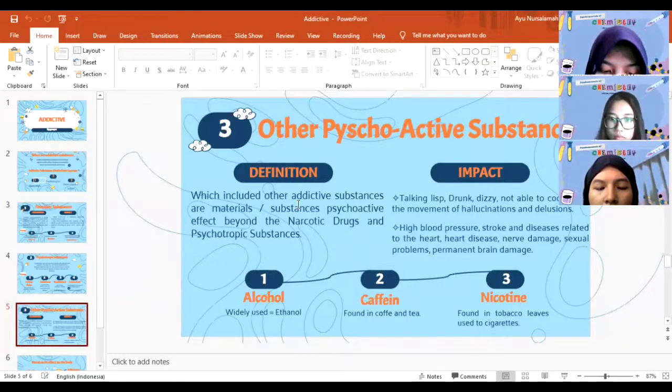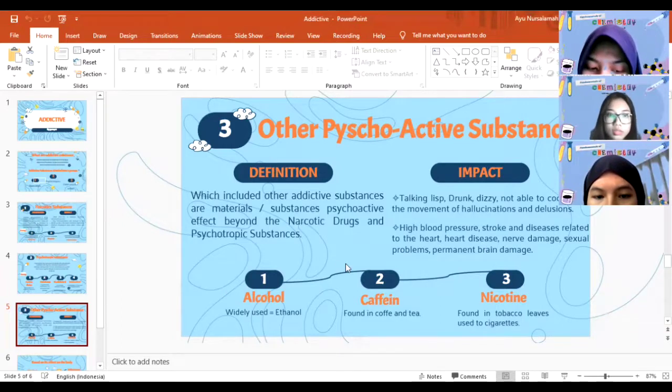There are impacts from consuming this type of substance. The first is slurred speech, drunkenness, dizziness, not being able to coordinate movement, hallucination, and also delusion. And also high blood pressure, stroke, heart disease, nerve damage, sexual problems, and also permanent brain damage.